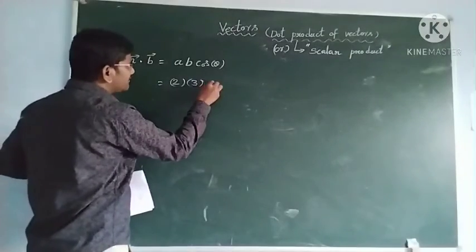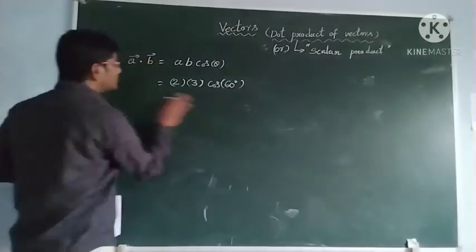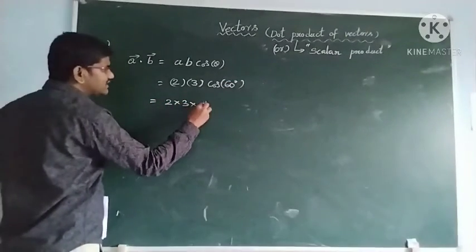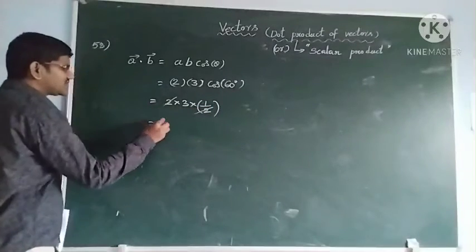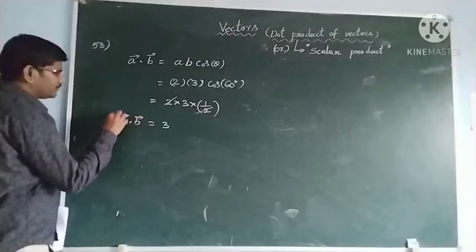So 2 into 3 into cos 60 degrees, which is half. The 2 gets cancelled. So a bar dot b bar is equal to 3.